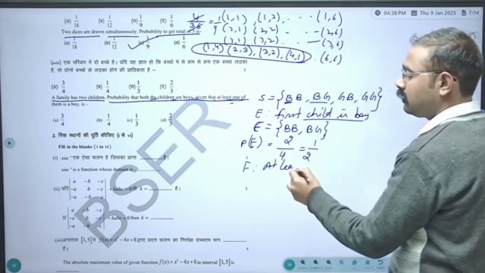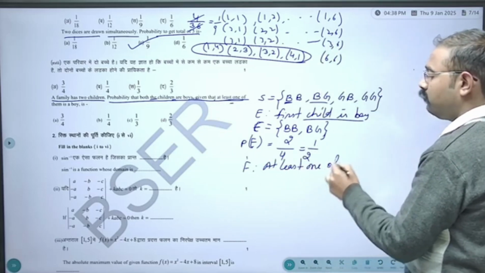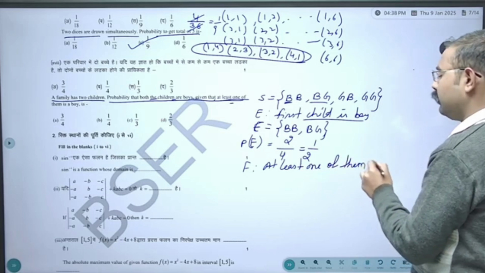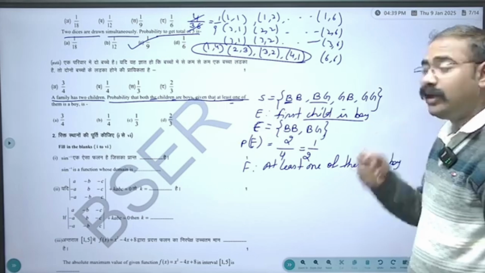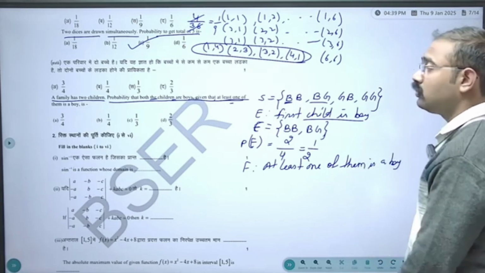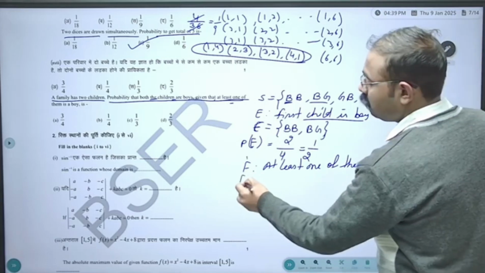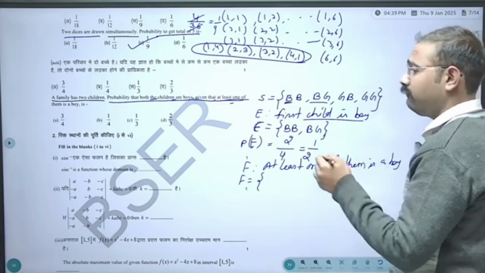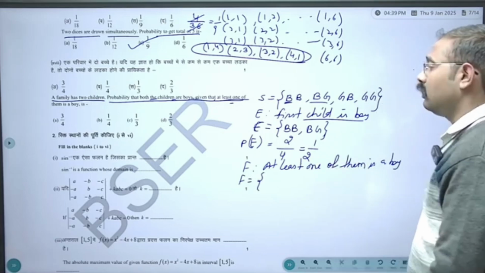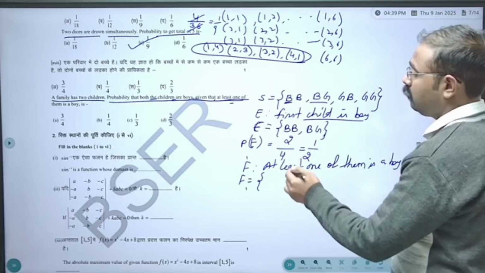At least one of them is a boy means minimum one boy is there among those 2 children. So at least one boy means one boy must be there. If more than one boys are there, then okay, it will be accepted.